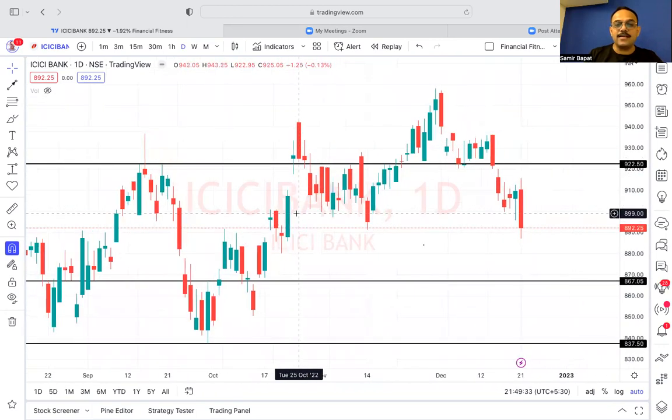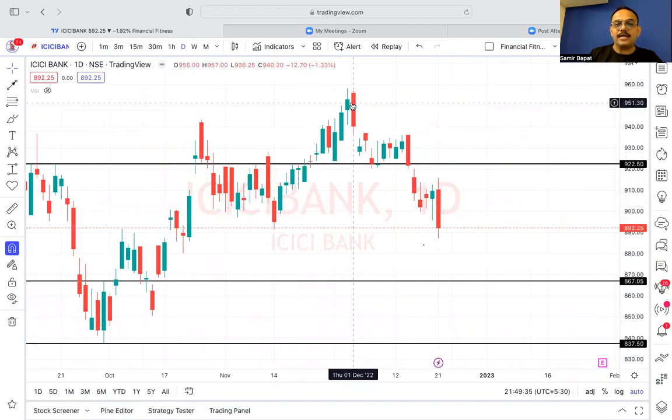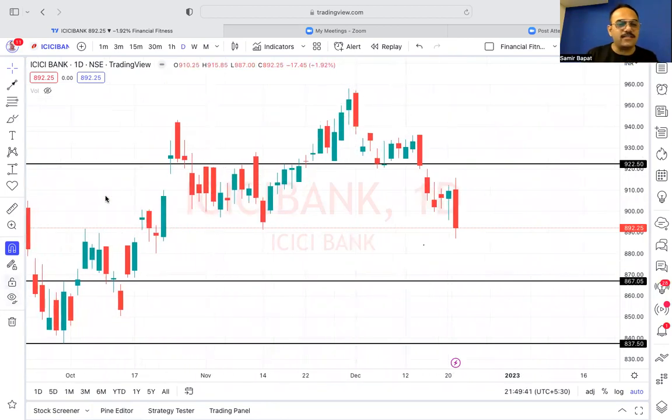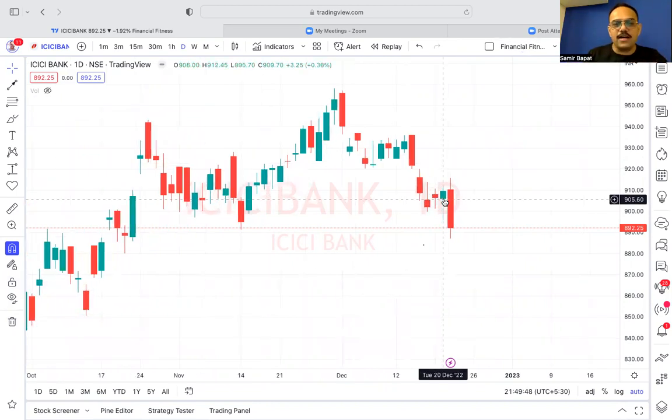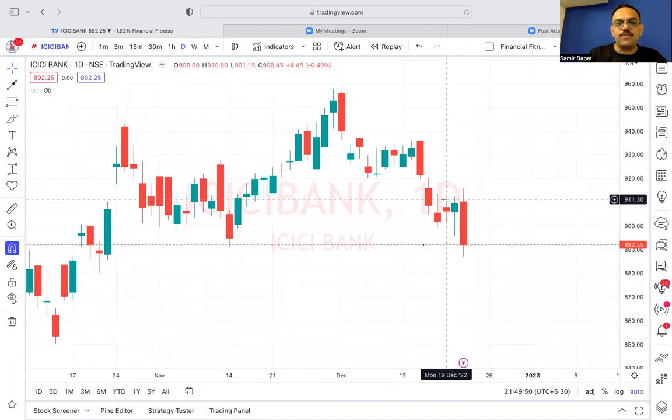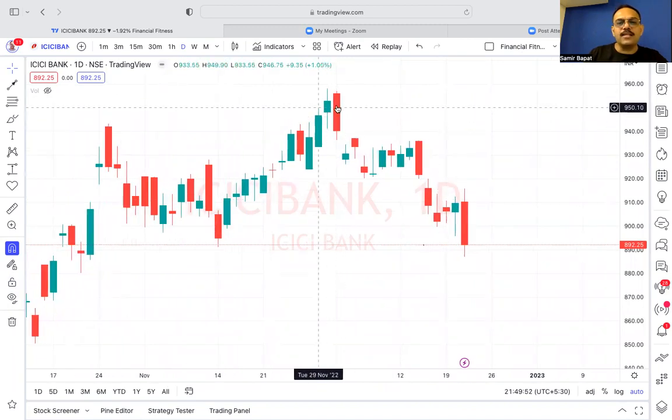This is exactly what happened in a reverse way. This is called bearish engulfing, because the red candle signifies the fall in a downtrend, a bearish trend. So as you can see, this is a bearish engulfing.